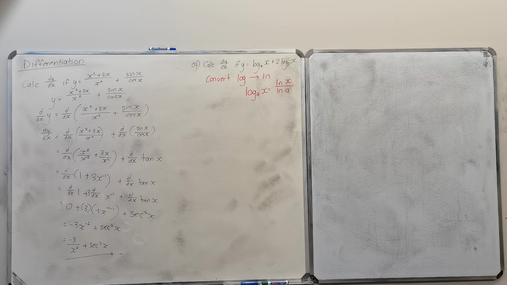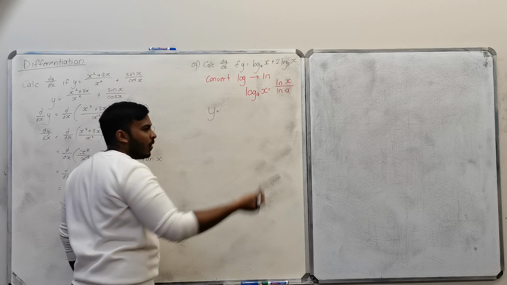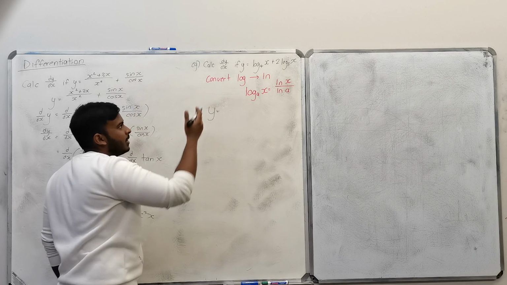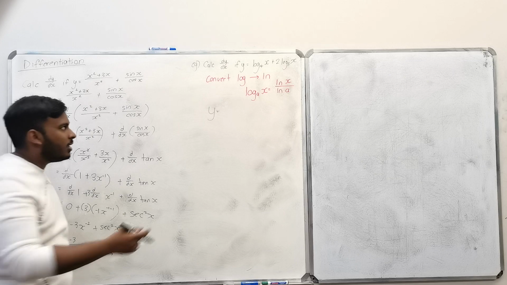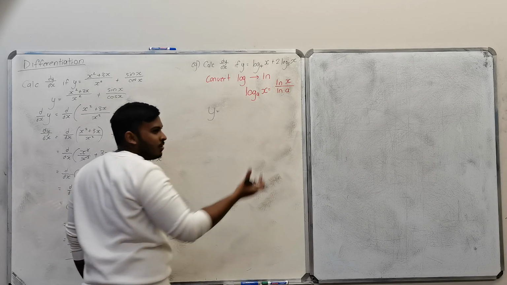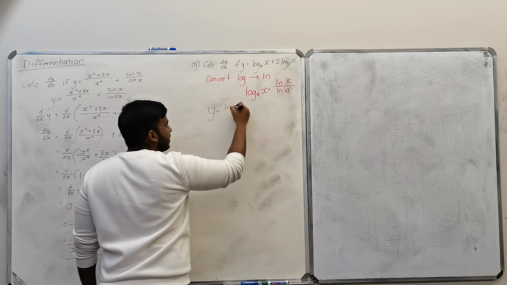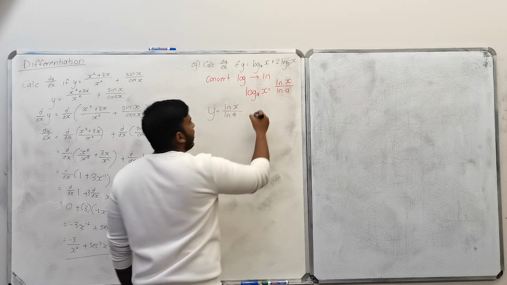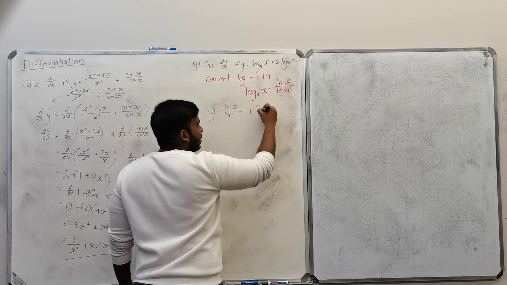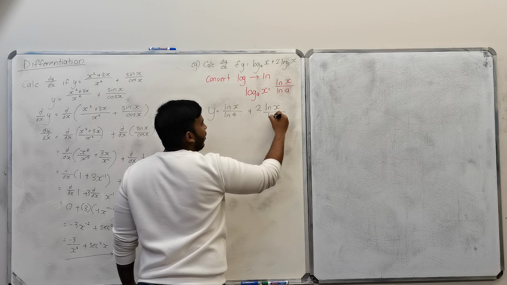Using this, your y would become ln of x all over ln of 4, plus 2 ln of x over ln of 5.